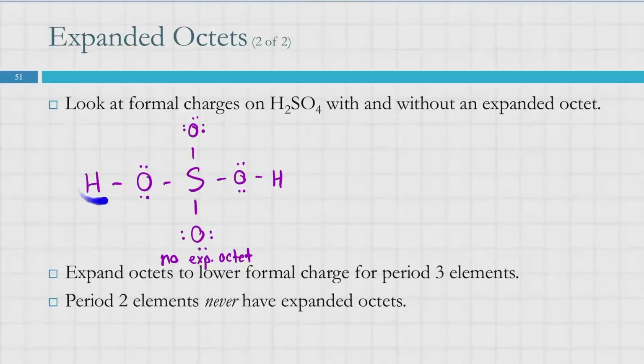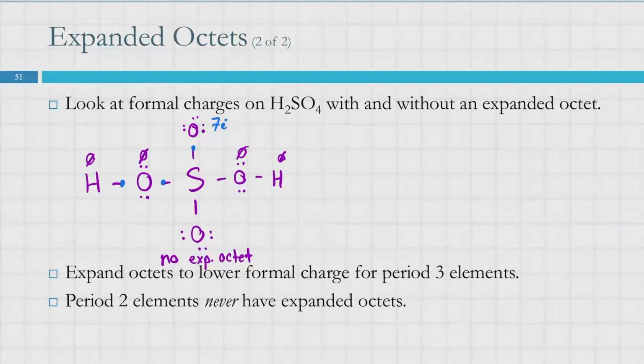Our oxygens that are bonded to hydrogens are okay. They've got 4 electrons from lone pairs, 2 more from the bonds, because they've got the ends of the bonds. They like to have 6, they have 6. Those oxygens are just fine. Hydrogen's got its 1 bond, it's also fine. If we look at our oxygens that are by themselves, they've got 2, 4, 6, plus 1 more from the end of this bond.